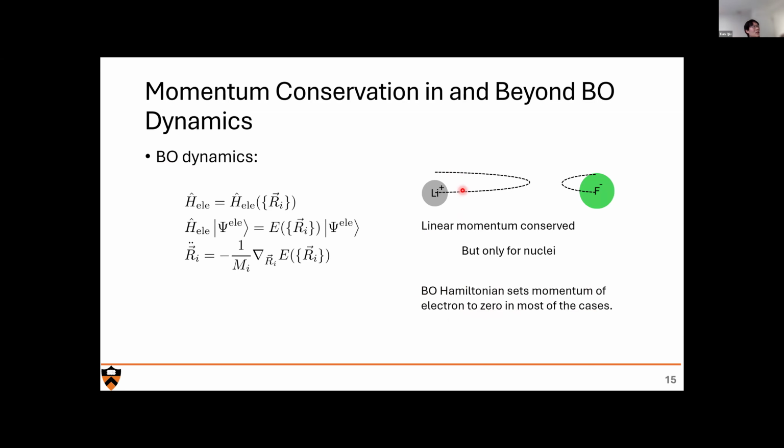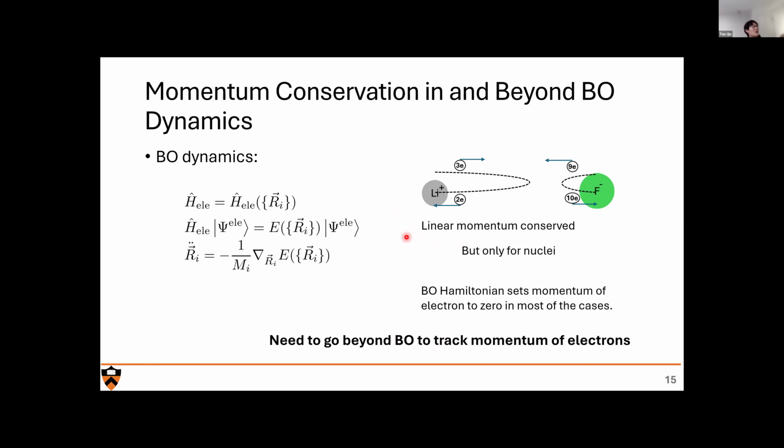The consequence would be that if we consider the electrons in this system and compute the total momentum of this whole system together, we will find that the total momentum is not conserved on the trajectory that we find from the BO dynamics. And in order to assign the momentum to the electrons and make the total momentum conserved, we actually have to go somewhere that is beyond the BO framework.